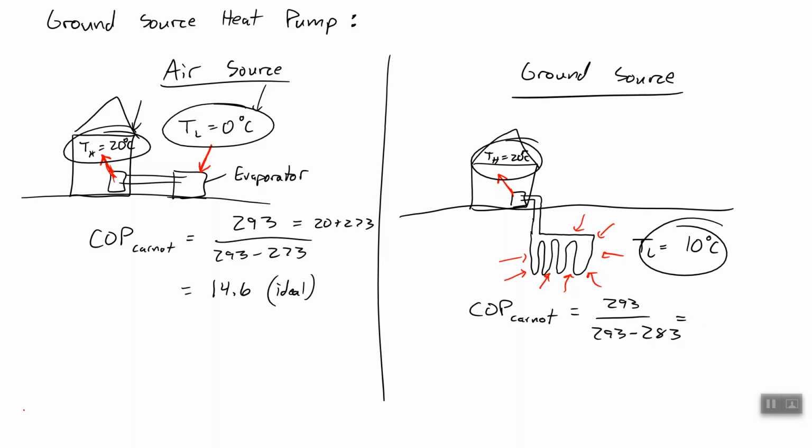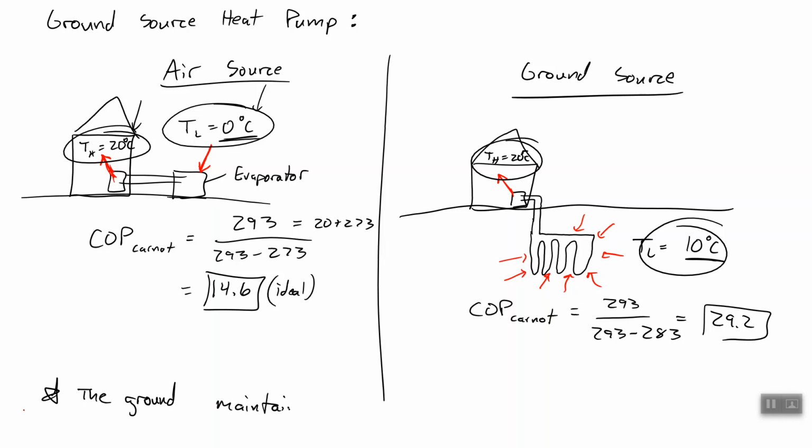And that gives us a COP of 29.2, which is double the COP when exchanging heat with the air, after just a difference of 10 degrees C. So the ground, at least several meters below the surface, as we talked about in our last lecture, maintains a temperature at average air temperature, averaged over the year.